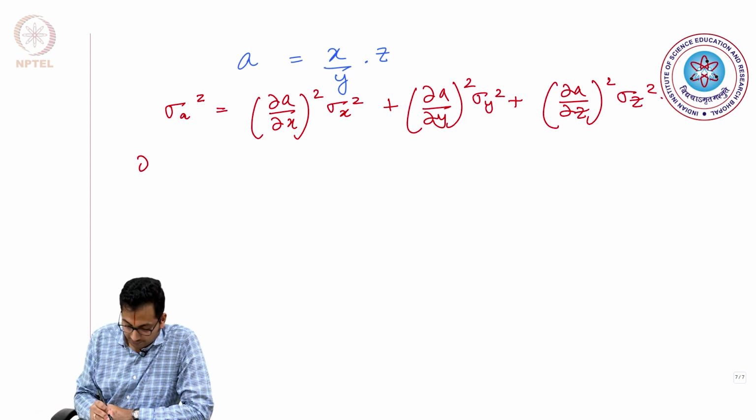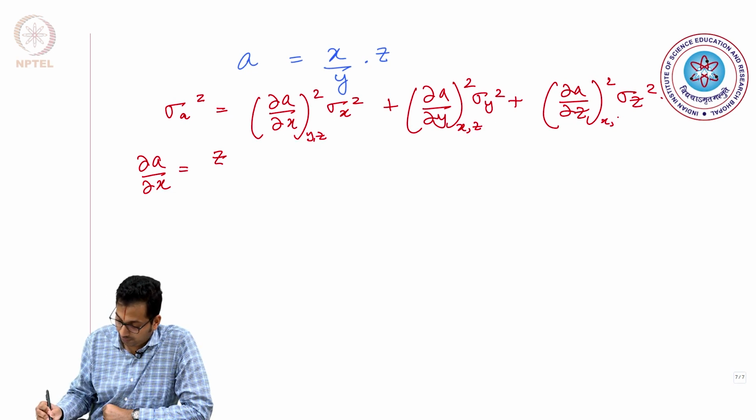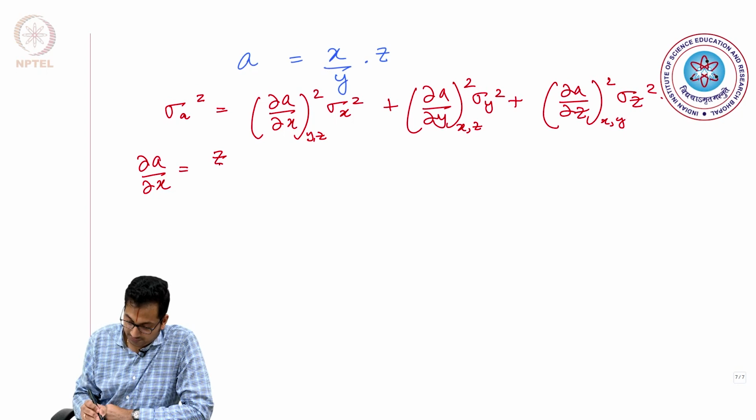So, now dou A by dou x is going to be given by, of course, here y and z are constant, x and z are constant, x and y are constant. So, therefore, this is going to be equal to z by y.